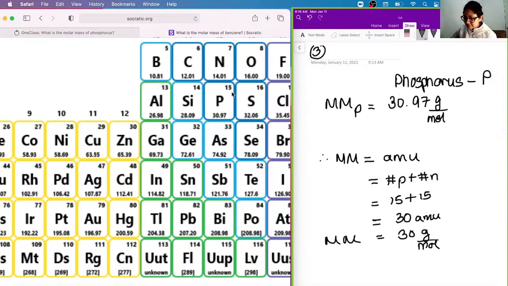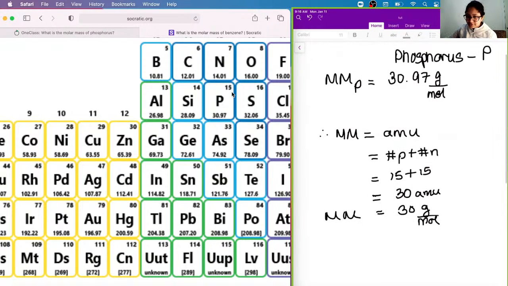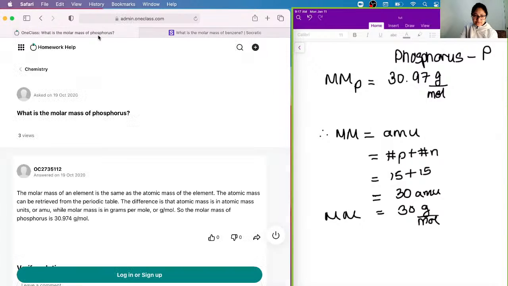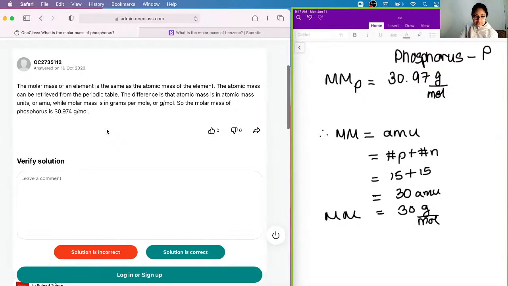This is what isotopes mean, or different elements. But if you're trying to find roughly your atomic mass, you can use this method where your number of protons is equal to your number of neutrons. And so this is correct.